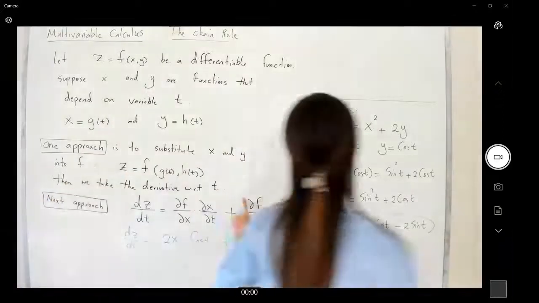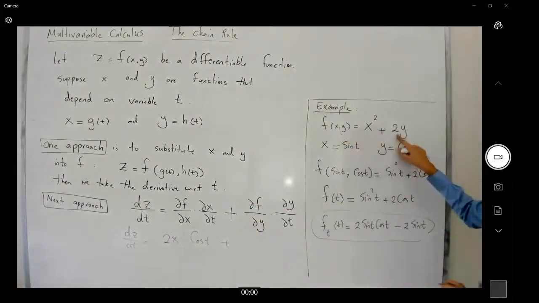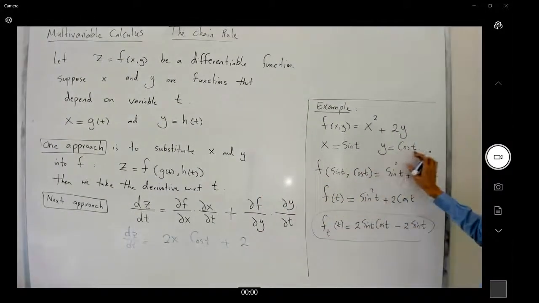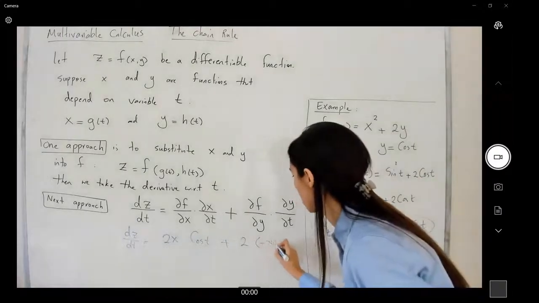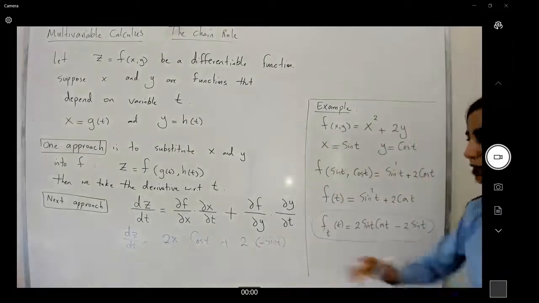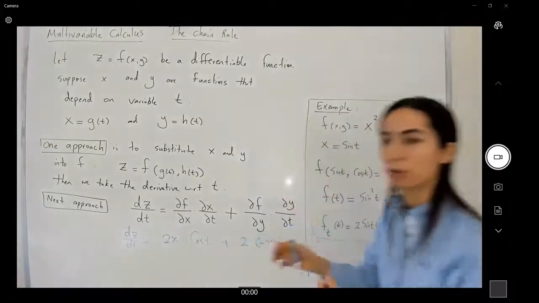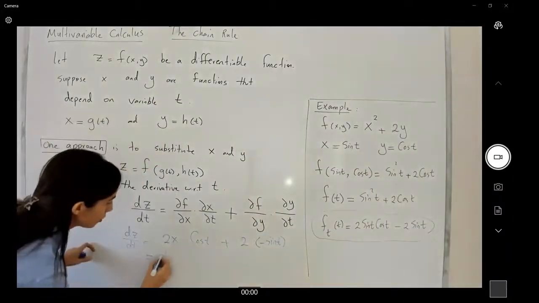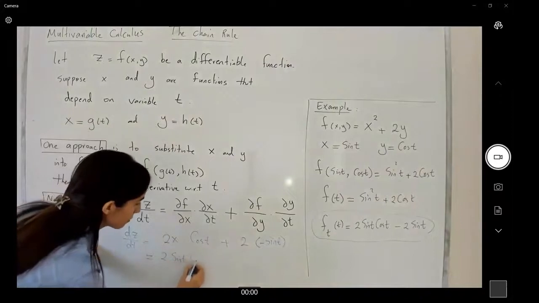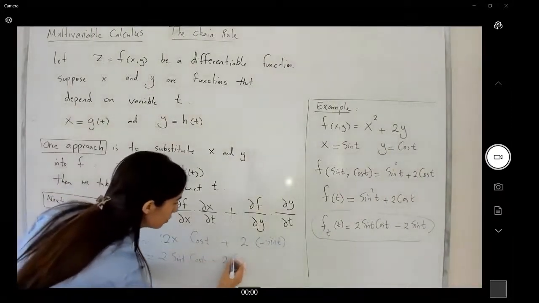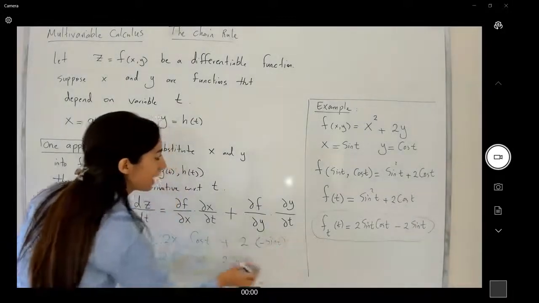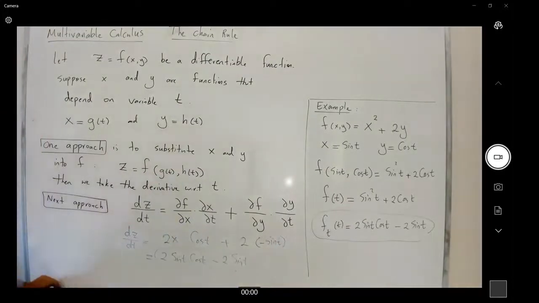Plus the derivative of f with respect to y, which is just 2, times the derivative of y with respect to t, which is minus sine t. Note that here you have 2x, but x is sine t. So this is equal to 2 sine t cosine t minus 2 sine t. As you can see, I have the exact same derivative for this function with respect to this new variable.